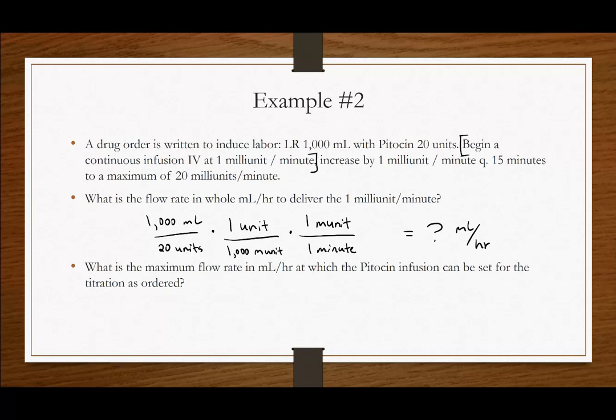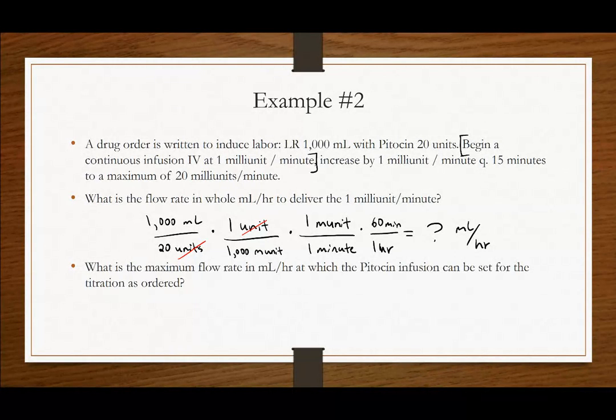The last calculation we need involves the conversion factor for minutes to hours. If we take a look at the cancellation of units, the first pair of conversions here will tell me the number of milliliters per milliunit to be infused.